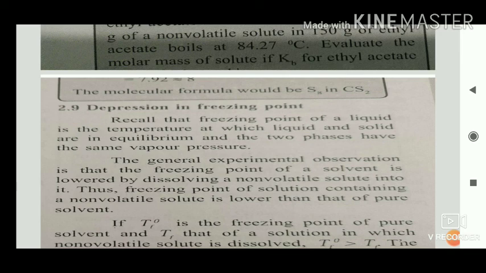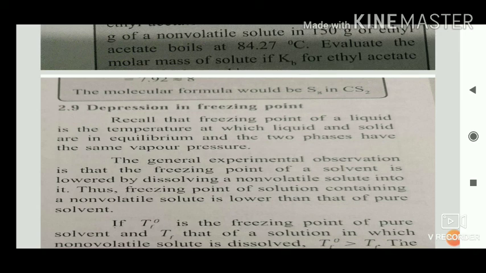We see first the definition of freezing point. Freezing point of a liquid is the temperature at which liquid and solid are in equilibrium and the two phases have the same vapor pressure.